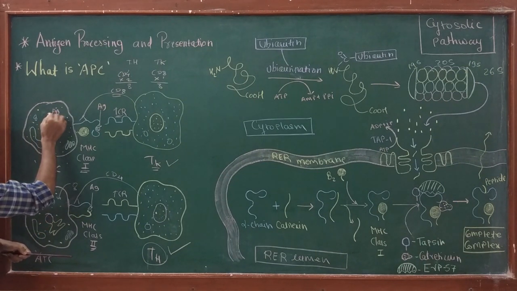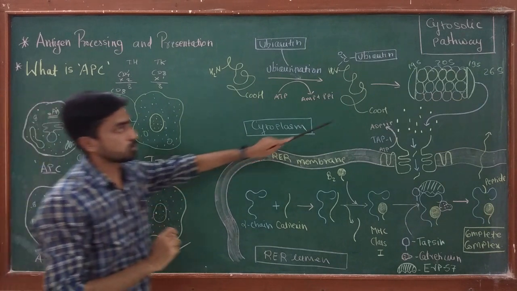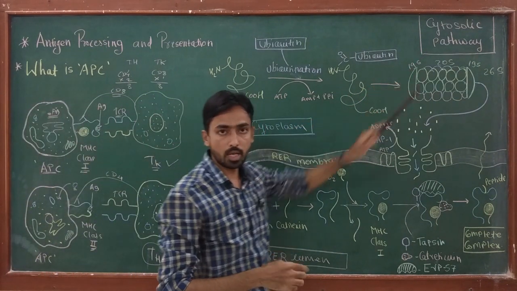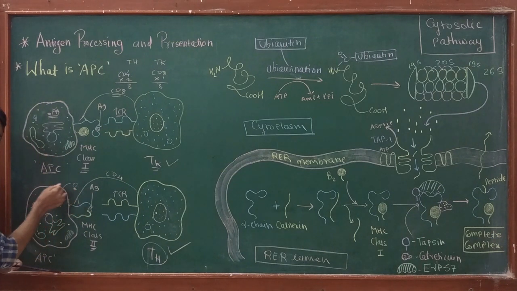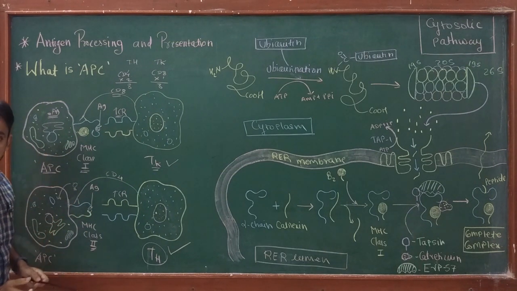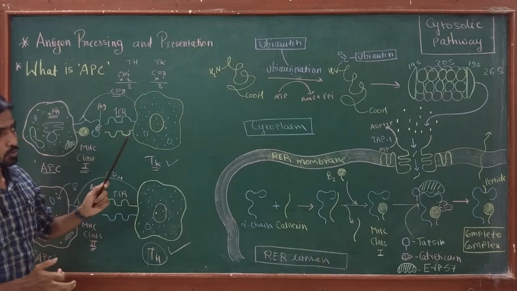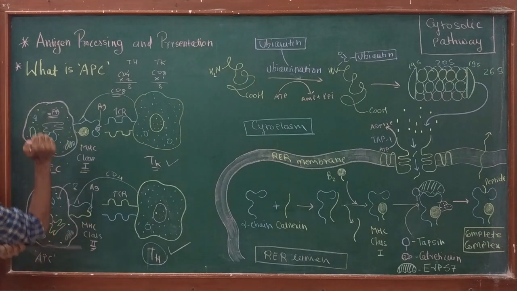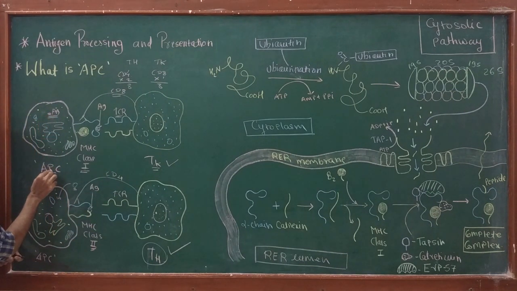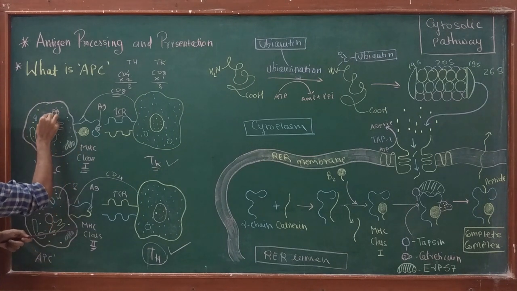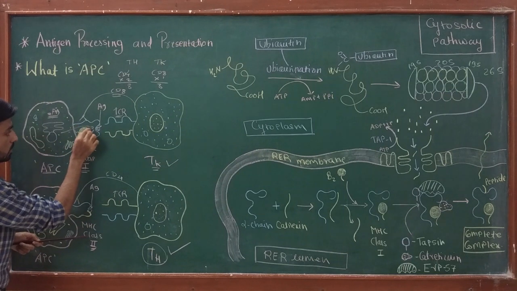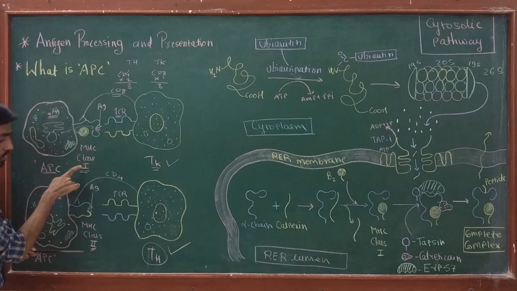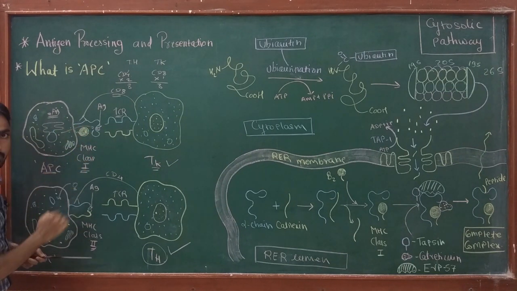The intracellular antigen is processed by the cytosolic pathway, while the extracellular antigen is processed by the endocytic pathway. So now I am going to show you how exactly the intracellular antigen present inside the antigen presenting cell is processed and then presented on the MHC class 1 molecule on the surface of the cell.